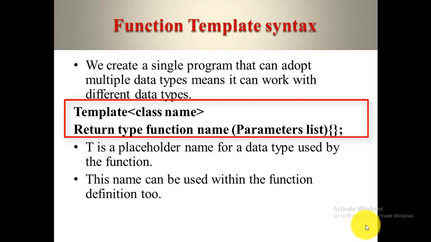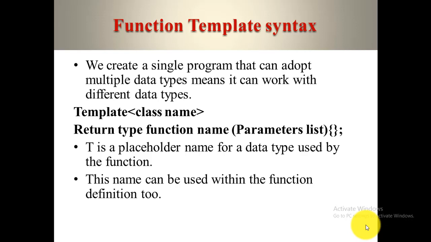For example, if the function wants to add two numbers, the function name would be self-explanatory, add. And after that, the parameter list, obviously the parameters will be of the same T type, or you can say the same as the placeholder. So this name can be used within the function definition too.